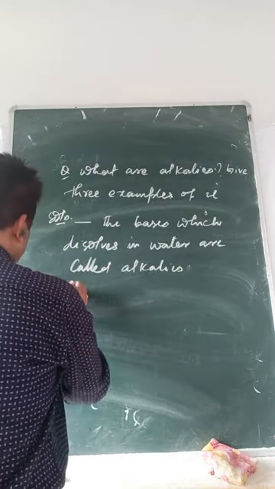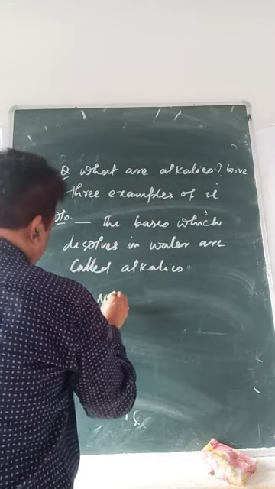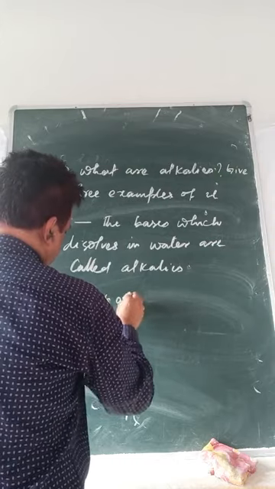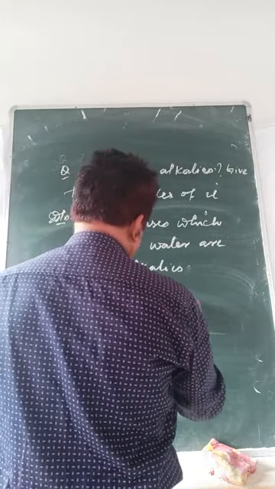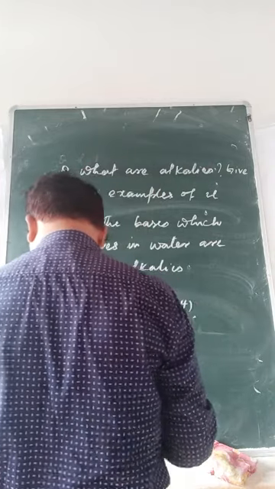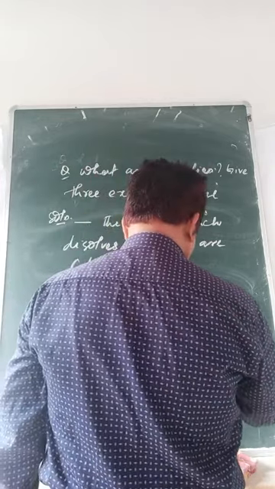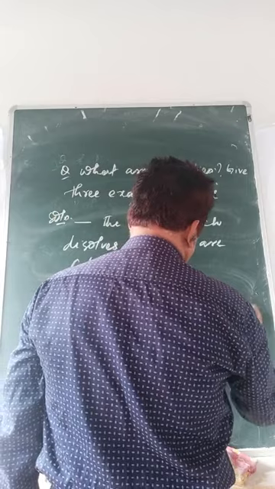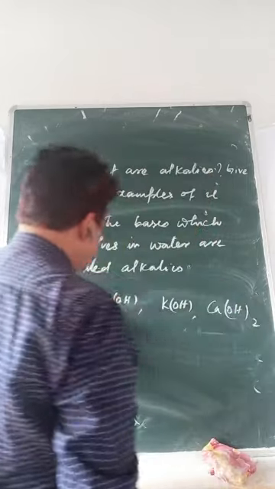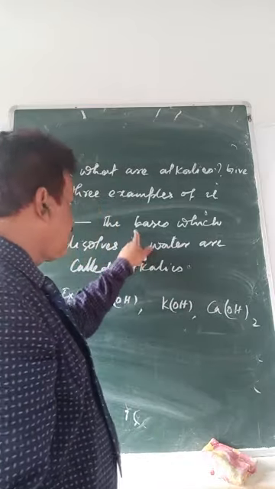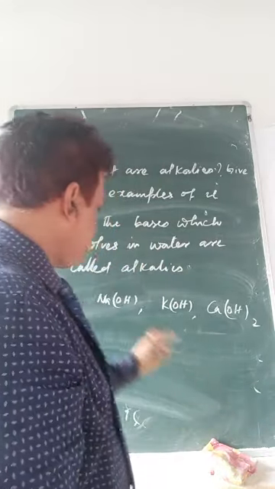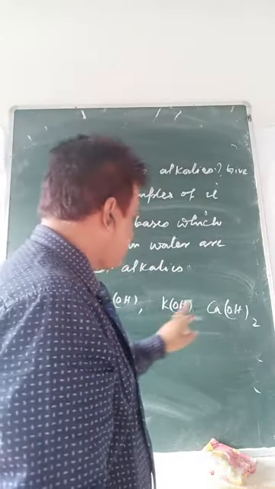Example you can give sodium hydroxide, potassium hydroxide, calcium hydroxide. There are so many. The OH groups are called bases, but these are the things which dissolve in water.